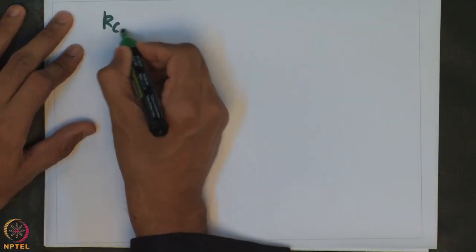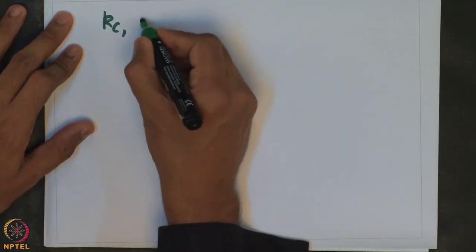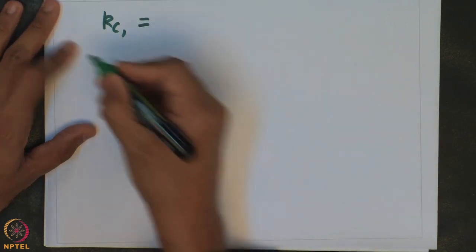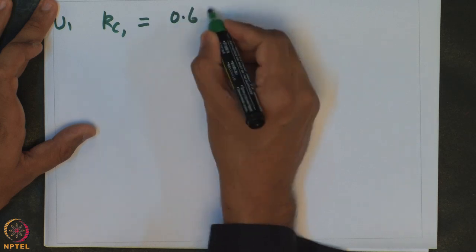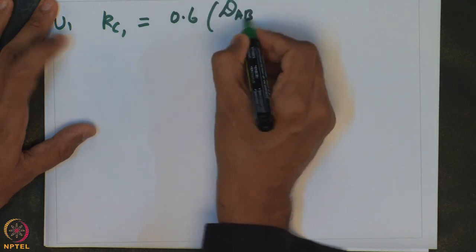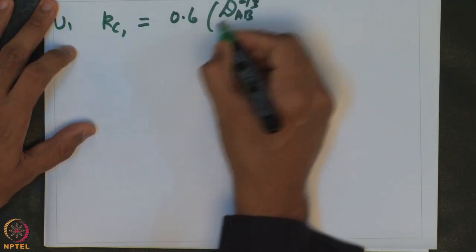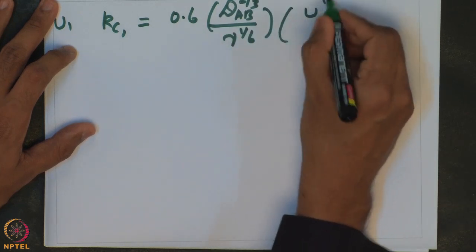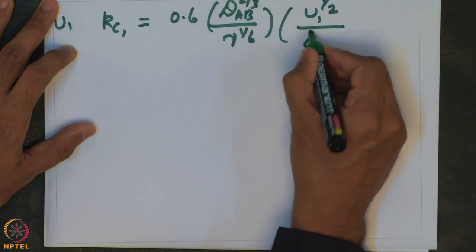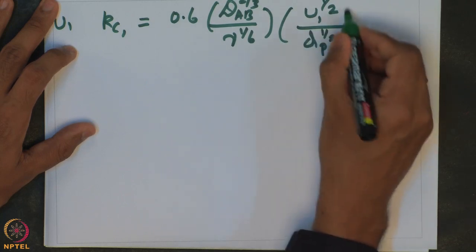Suppose we define Kc1 as the mass transport coefficient at velocity u1, which is given by 0.6 into dAb to the power of 2 by 3 divided by nu to the power of 1 by 6, multiplied by u1 to the power of half divided by dP to the power of half.